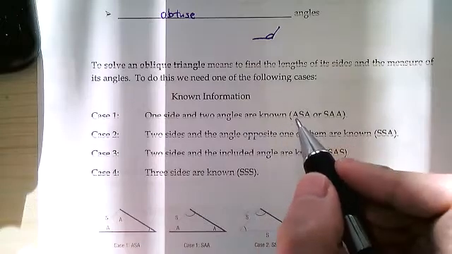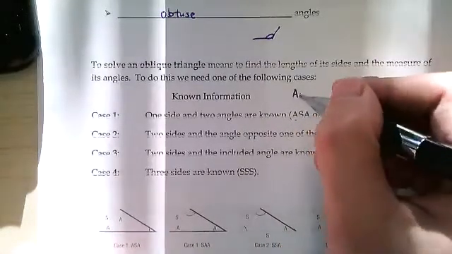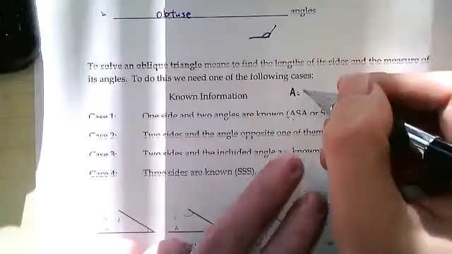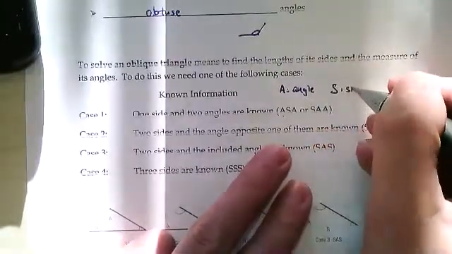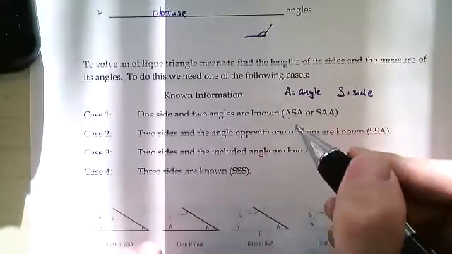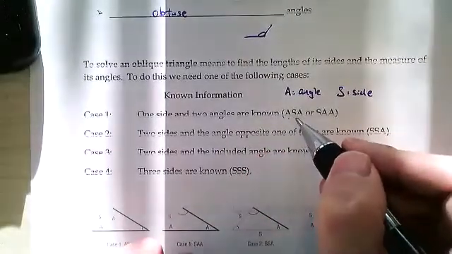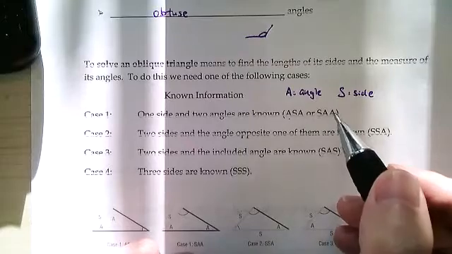So A represents angle, S means side. In this case, you have angle, side, angle, or side, angle, angle. That's your situation.